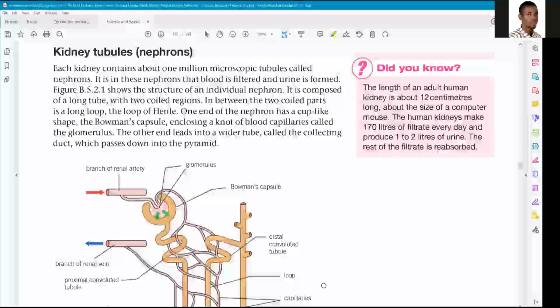It is in these nephrons that blood is filtered and urine is formed. And the diagram below shows it. We'll look at it in a while. It is composed of a long tube.